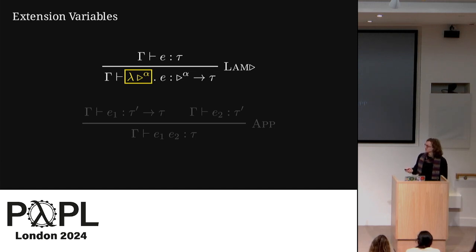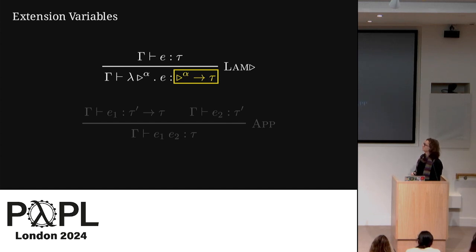And it is indexed by the triangle alpha, which is an arguments hole, which has an extension variable alpha. And then this extensible lambda has an extensible function type, where the extensible function type has the same arguments hole as the lambda is annotated with.